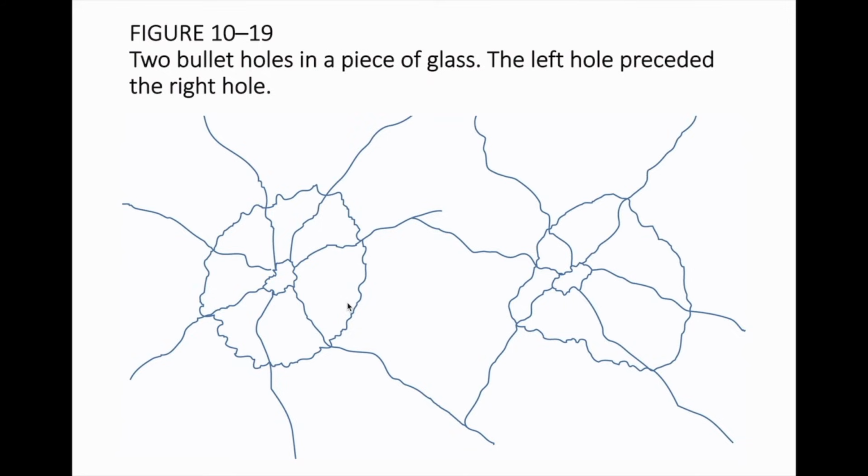That means that this one occurred first, and this bullet hole happened second, because when it cracked, it stopped and it didn't go through. That's how you can tell which one was first and which one second. So you're just adding evidence to the crime scene, adding to your ability to reconstruct a story.